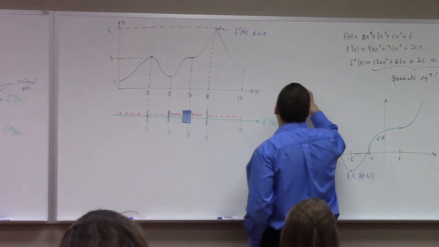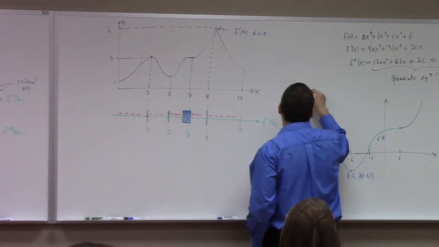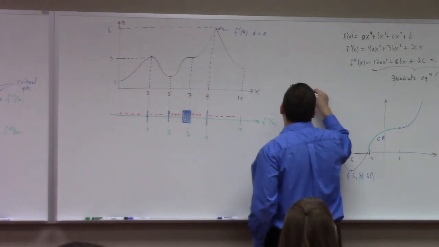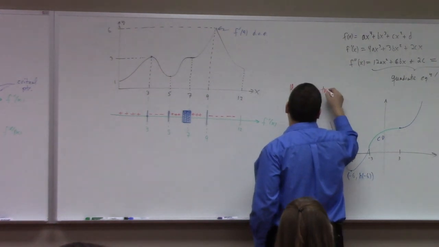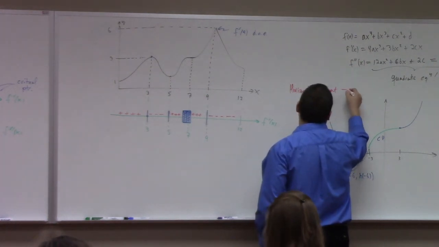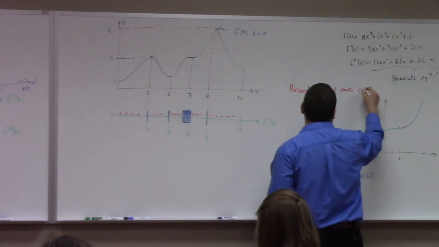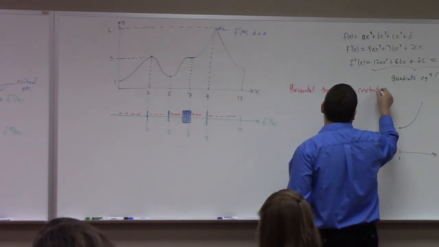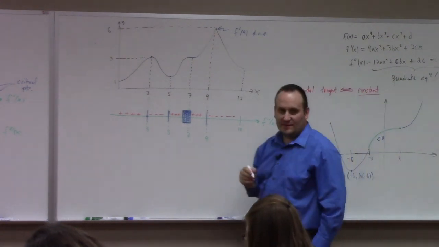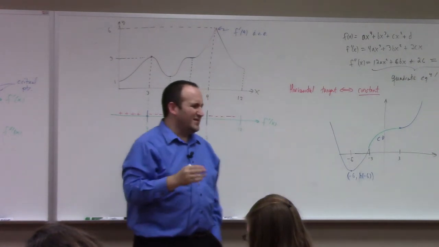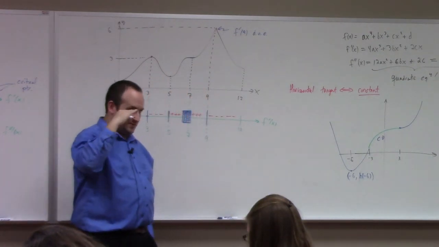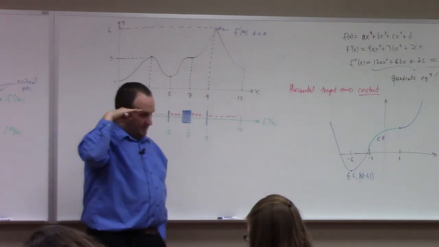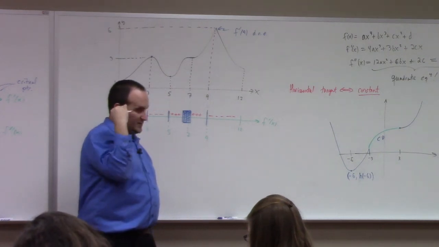So horizontal tangent, for the author, is equivalent to what I said, constant. I introduced the term constant. He says it's got a horizontal tangent where it's constant, which is reasonable, right? The function's horizontal there, and the tangent to the function matches up.